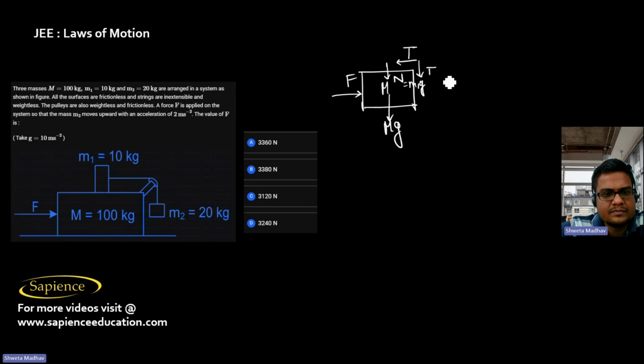Then for the mass M1, the tension force is acting, and one pseudo force is acting, M1 into a, since the system, suppose, will go forwards with an acceleration a.